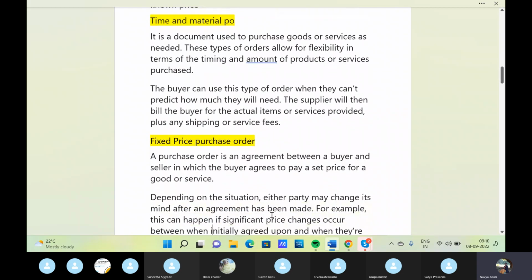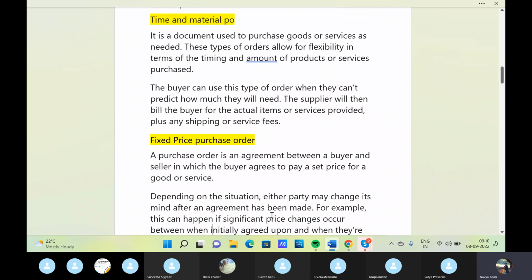Fixed purchase order is an agreement or contract between companies, fixed at one price, because sometimes the seller's price may change or may not change.